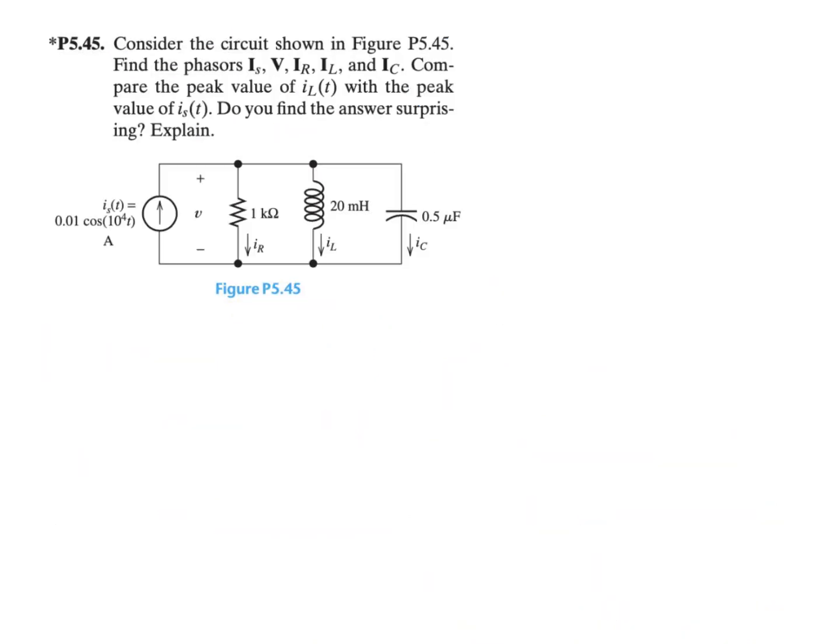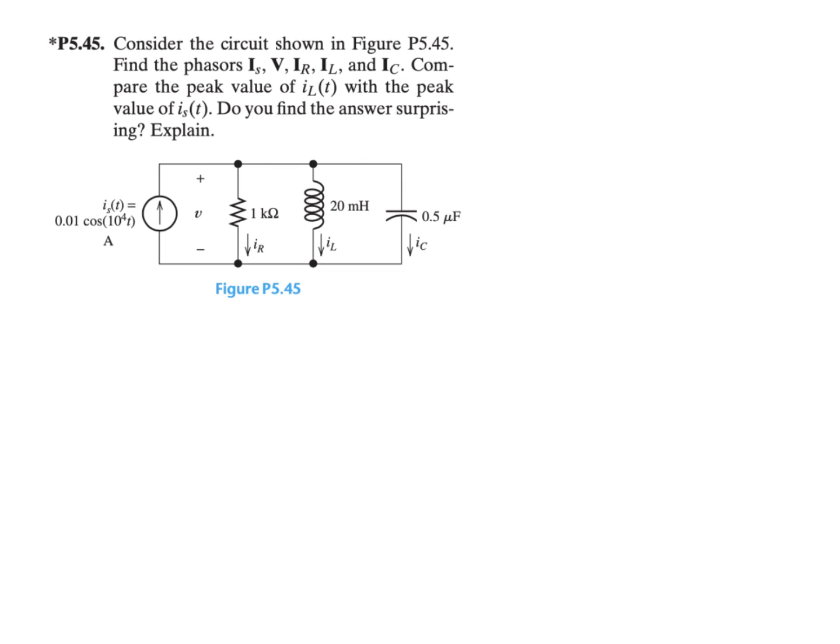Question P5.45. Consider the circuit shown in figure P5.5. Find the phasors, current, voltage, and the current across each branch. And we need to compare the peak values of the IL with the peak value of IS, and try to explain the result.